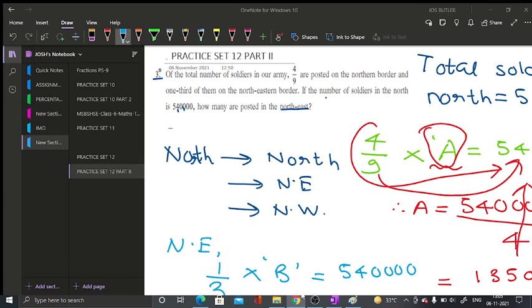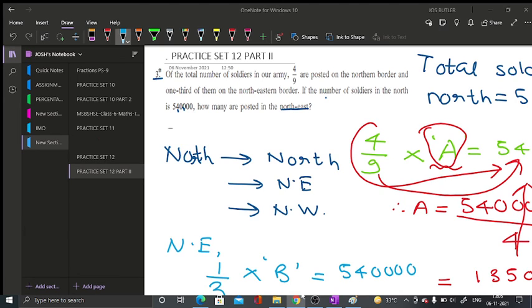Yeah. So we made a mistake here. The thing is, there are these many soldiers in north, 12,15,000. So the total in northeast will be something of that 12,15,000, right? In the entire north there are these many soldiers, and then in northeast there will be something of them. So we will have 1 by 3 into B, the same technique.